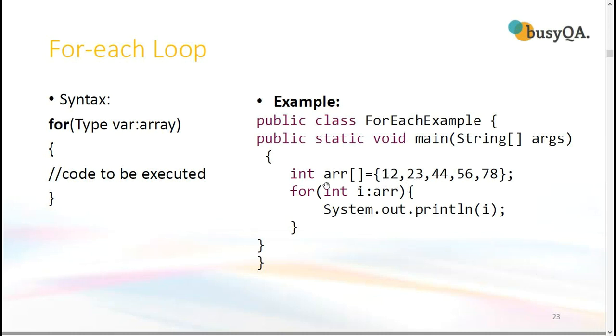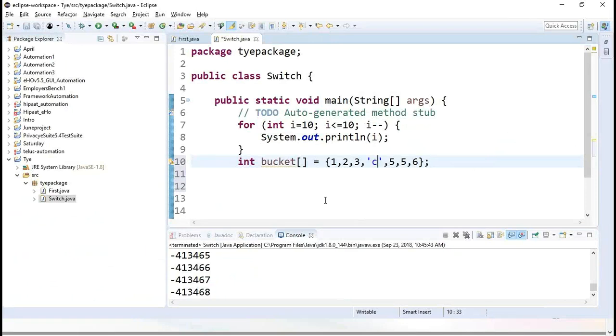And all I have to do is type in the for, and the moment I put in my array in there, Java knows, okay, this is a for each loop. And it's a very, very simple way for me to print out what's in my array. So let's try it. Let me try to print out this bucket.